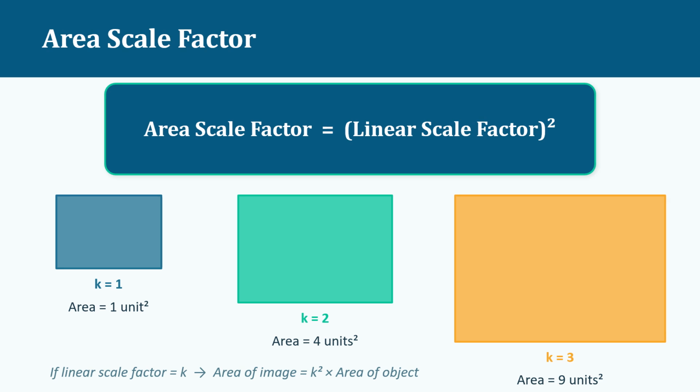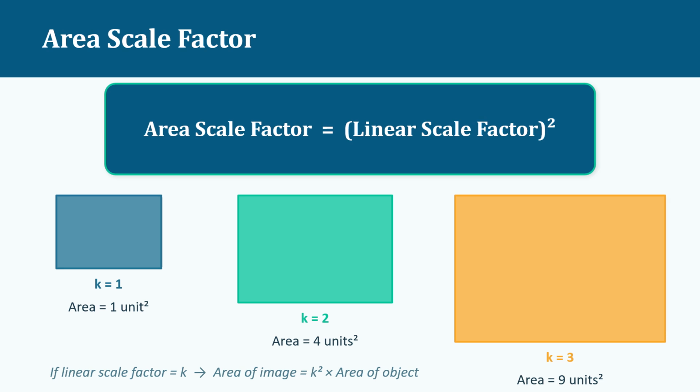So let us start by looking at this example where we have a square of dimensions 1 unit by 1 unit. If I calculate the area of this square, it's going to be 1 times 1, which is 1 unit square. We're going to have a second square, which is 2 units by 2 units.